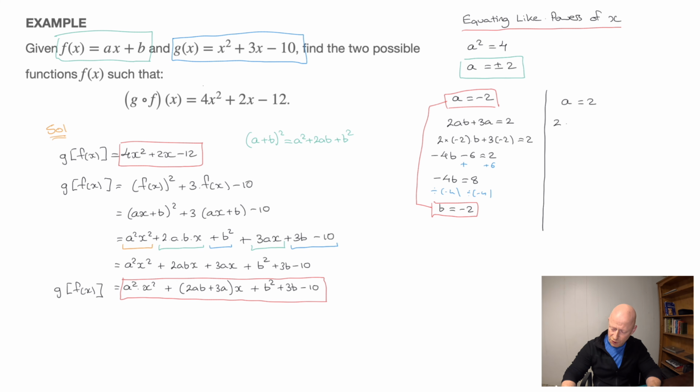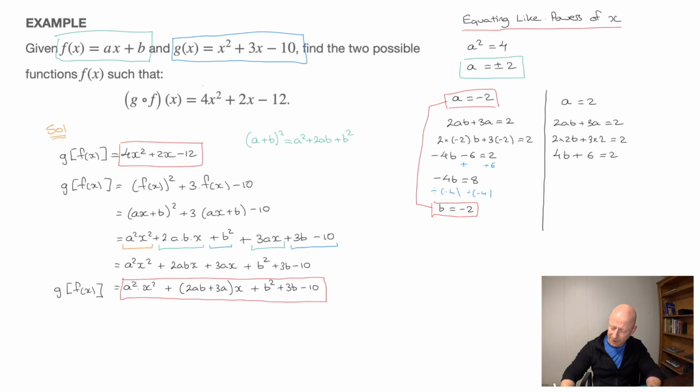We'll still have, of course, 2ab plus 3a equals 2. And so replacing the a's we see here by 2, it becomes 2 times 2b plus 3 times 2 equals 2. And 2 times 2b, that's 4b plus 3 times 2, which is 6, and that's equal to 2.